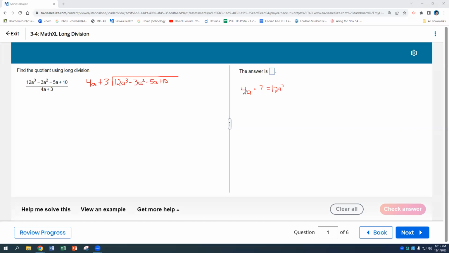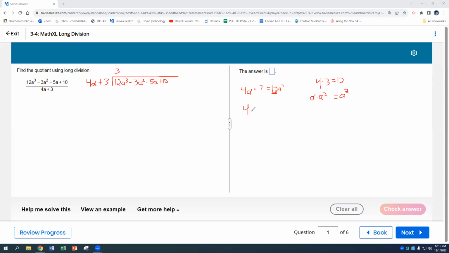Okay, so 4 times 3 gives us 12. That's good. And then what times a gives us a to the third? Really this is a to the first power, you don't need to write the one, but it's really a to the first power. So a to the first power times a squared gives us a to the third.